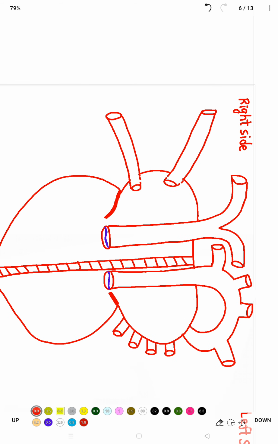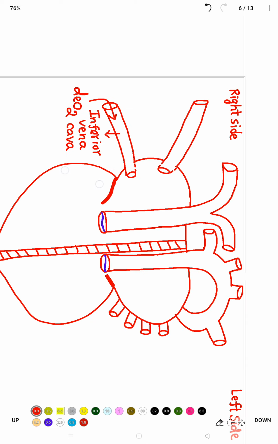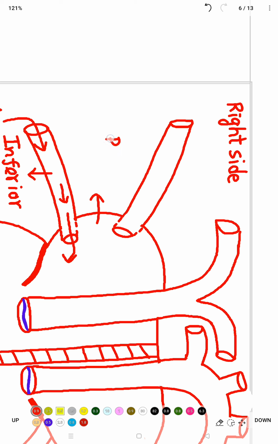Now at first the deoxygenated blood from the lower portion of the body, that is abdomen, legs, etc., goes to the inferior vena cava, and reaches inside the right atrium.